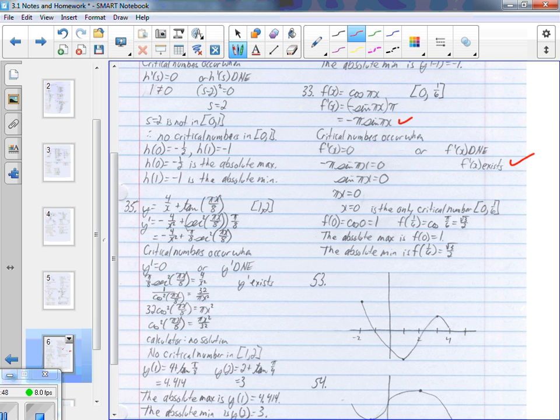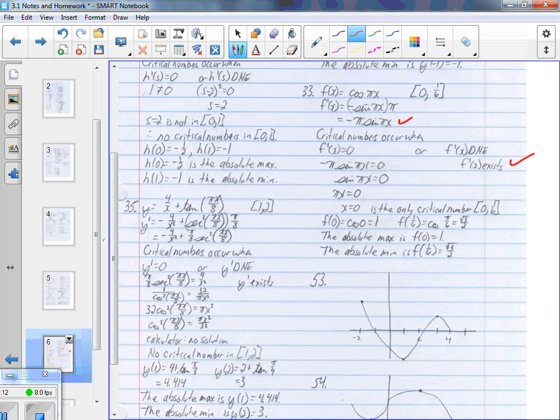You'll write that. Because like we talked about yesterday, when things that might matter end up not mattering, you still need to address it. You don't want the AP grader to think you just didn't know you needed to worry about where the derivative does not exist. Okay? All right, so let's find where the derivative equals 0.